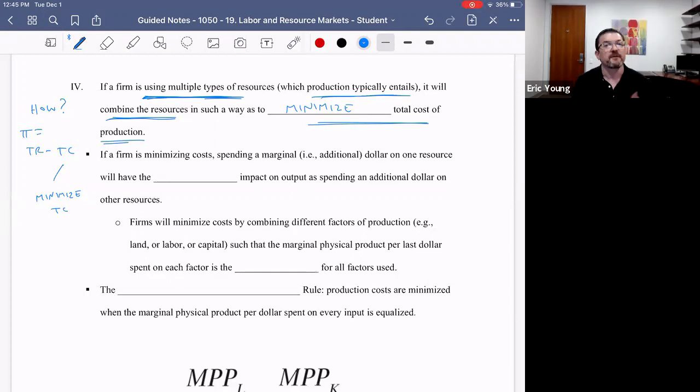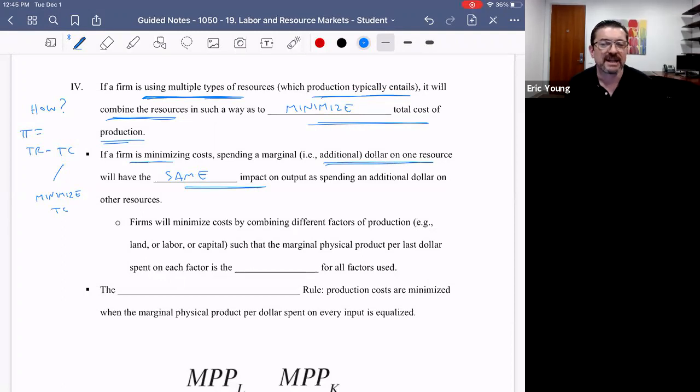Let's do the philosophical first. If a firm is minimizing costs, then spending an additional or marginal dollar on one resource will have the exact same impact on output as spending an additional dollar on another resource.